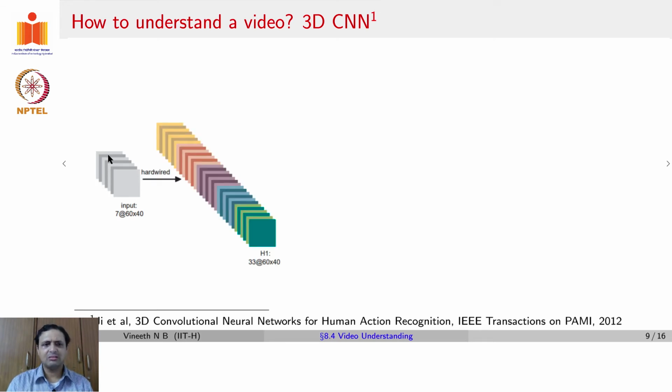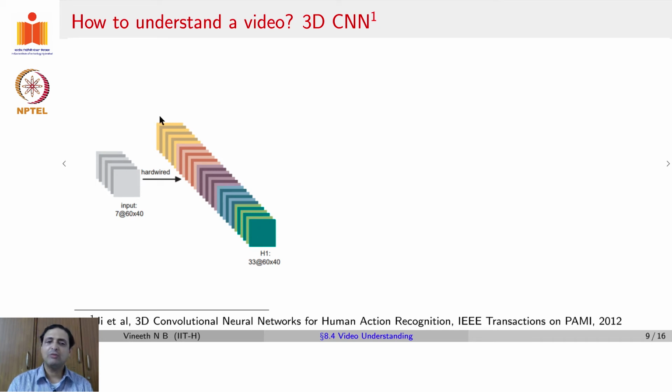This particular work initially had one layer where hardwired filters were used. So these filters here were not learnt. There were 5 different kinds. They had a grayscale filter, they had a gradient along the x direction, they had an optical flow along the x direction and the optical flow along y direction.